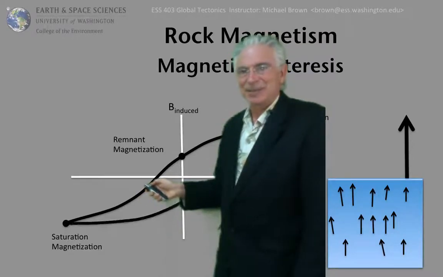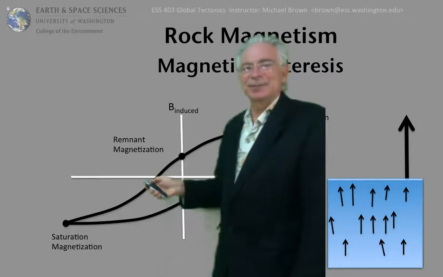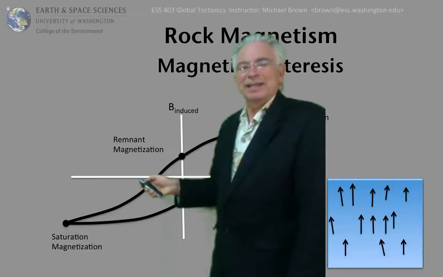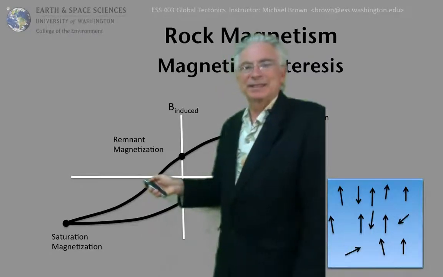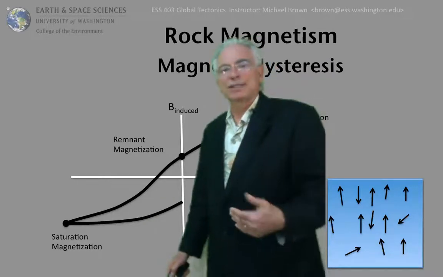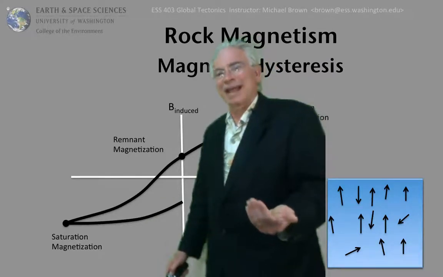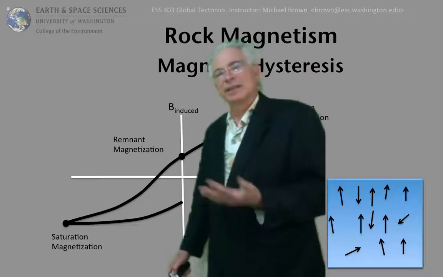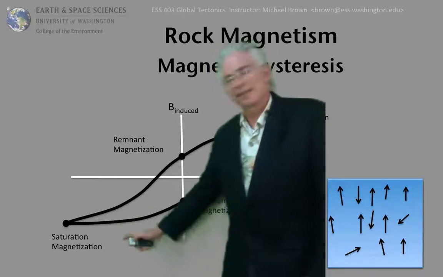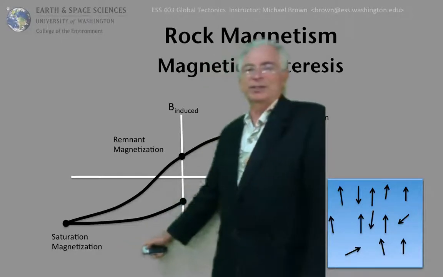Okay, now we can reduce the magnetic field back to zero. The magnetization goes back to a remnant magnetization with some of the magnetic moments locked into the direction that was applied and some of them becoming randomized again. At this point, we have a remnant magnetization in the negative direction.